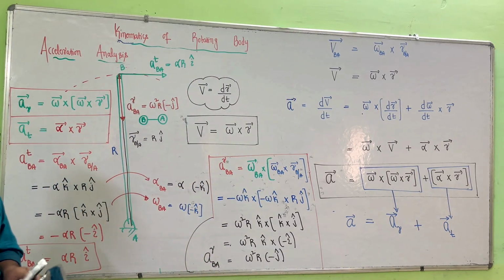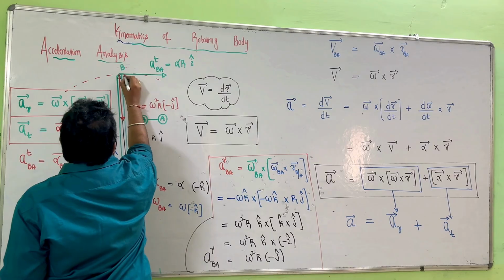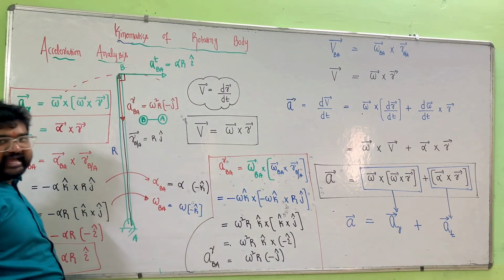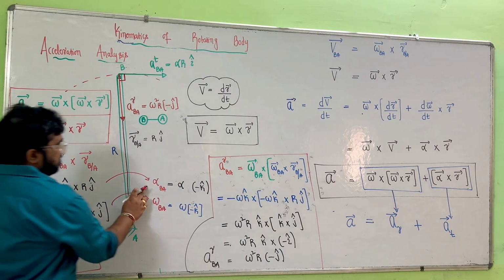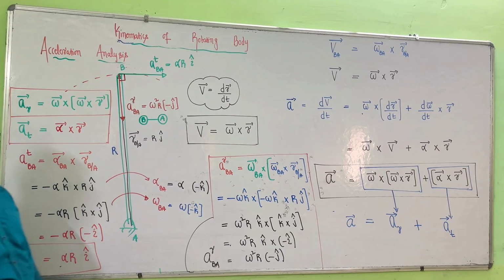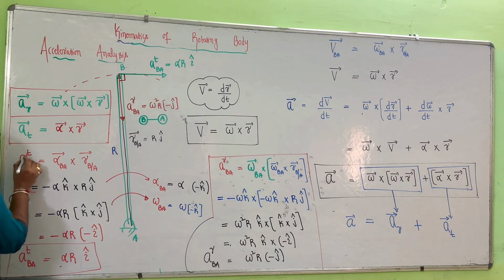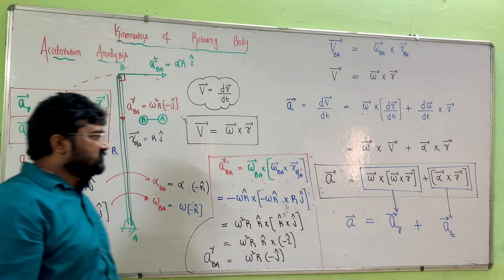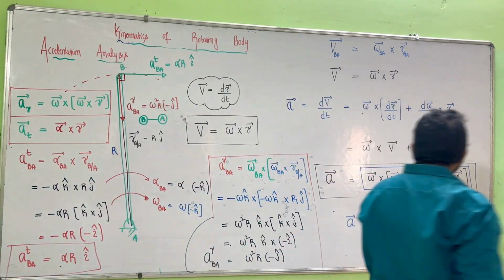It is acting tangentially. That is matching or not? Tangentially, in the same sense of alpha, that is also matching. So this is the vector form of radial and tangential accelerations.